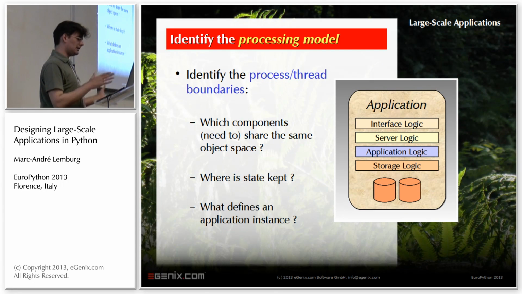So how can you decide on which processing model is best? Well, you have to ask yourself a few questions. One question is, of course in the application you need to share data. So you need to make sure that all the data is very close and very central to the components using that data. The other question is where state is kept. This is not necessarily the same.